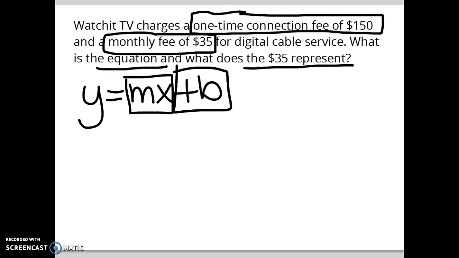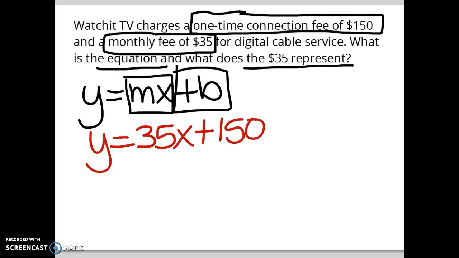The m and the x. So that means for the monthly fee of $35, we're going to continue with the m and the x. And the one-time connection fee, which is being added to the bill of $150, that has to be our y-intercept.